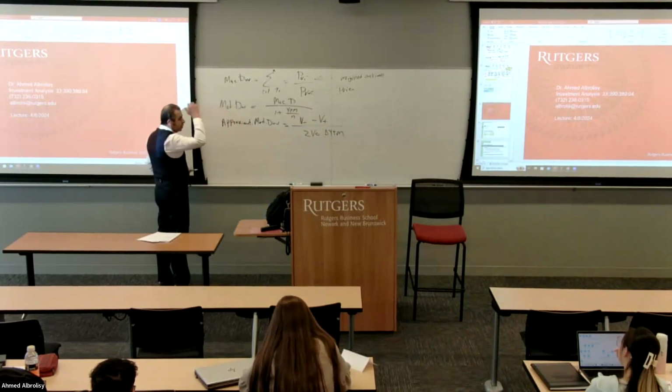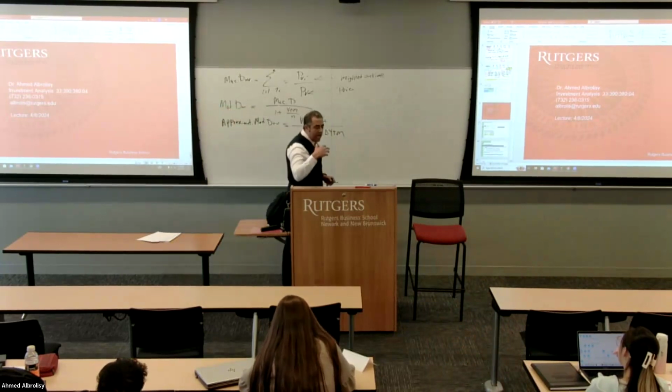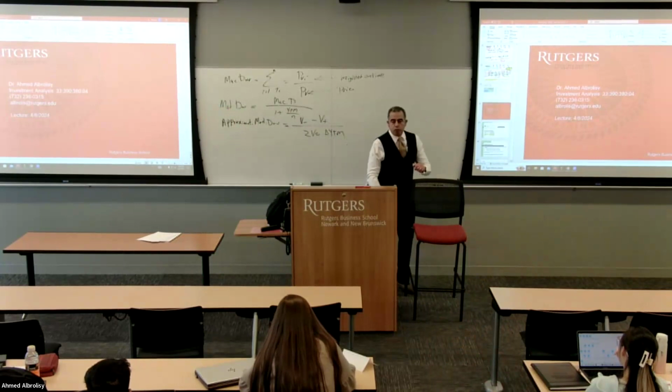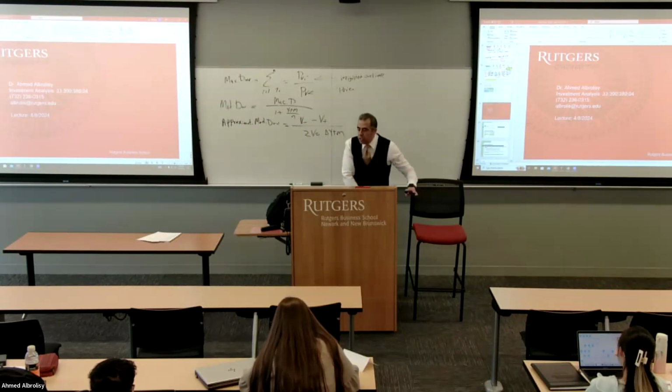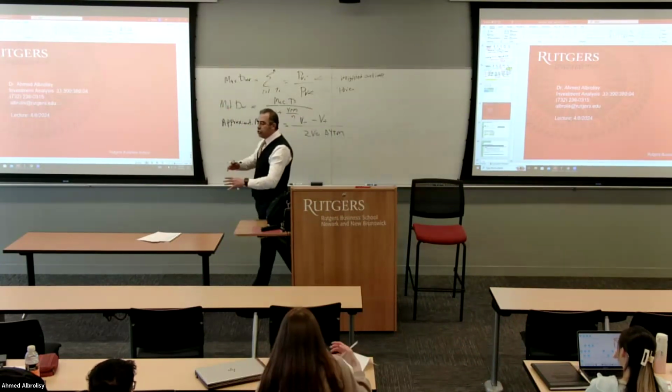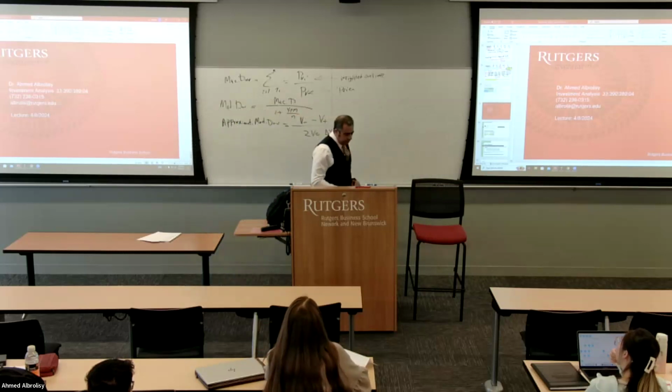Because if I call it the effective duration, then I have to adjust for and account for embedded options in the bond, like a callable option, and this is beyond the scope of this class. Here is investment analysis, and I'm approaching it from measuring and thinking about the risk. If you go to a fixed income class, they will expand on this.